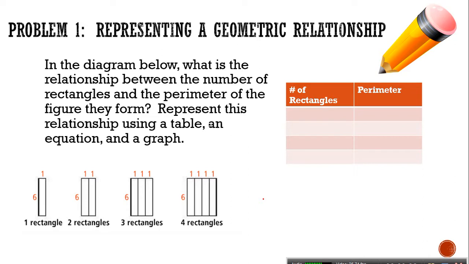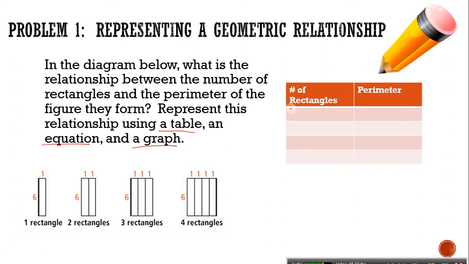Represent this relationship using a table, an equation, and a graph. You are going to want to get this diagram down. It doesn't need to be perfect, not artistic, but just good enough so you can see what's going on. I'm going to start filling out my table before I create the equation.